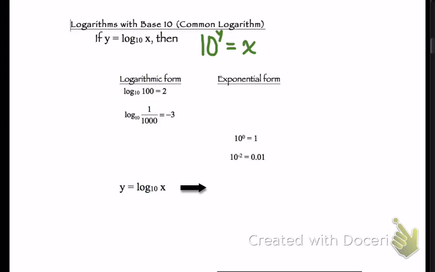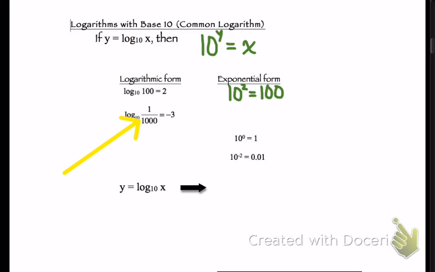Well, in order to prove it, I know the inverse is to write it as an exponent, so I'm going to take the base, set it, there's the exponent, and then I'm going to set it equal to what it is. So do you see why the base 10 log of 100 is equal to 2? Well, it's equal to 2 because 10 squared is 100.